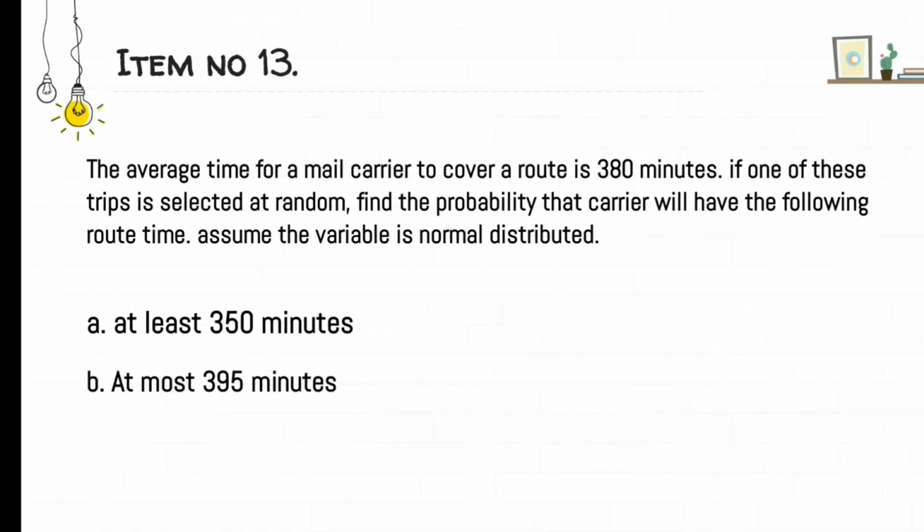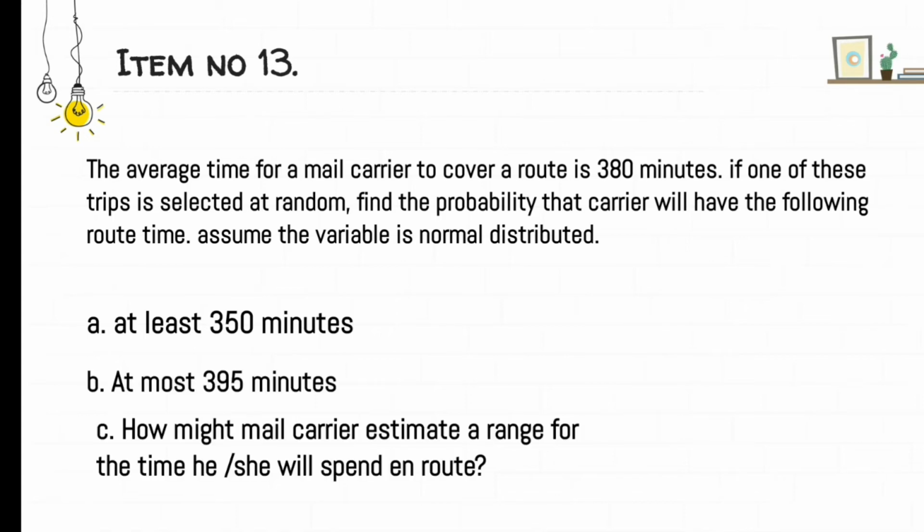A is at least 350 minutes, B is at most 395 minutes, and for C, how might a mail carrier estimate a range for the time he or she spends on a route?